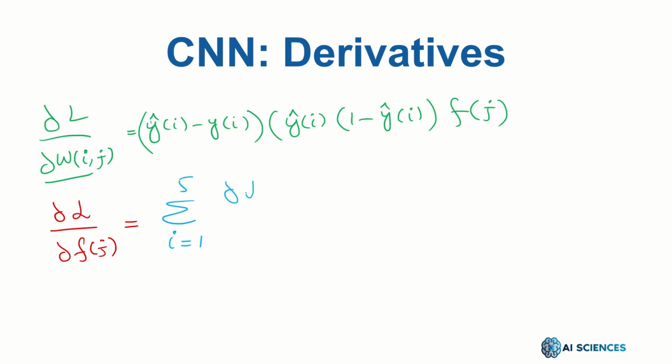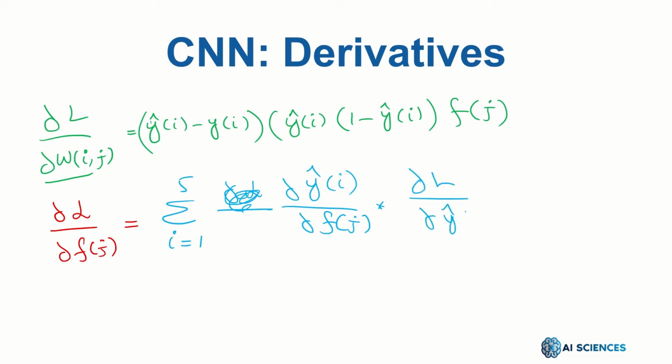The derivative of the loss is basically how this f impacts our y hat, and then how y hat actually impacts our loss. That's the same thing as we saw earlier. So that's again a chain rule to compute the derivative with respect to f.